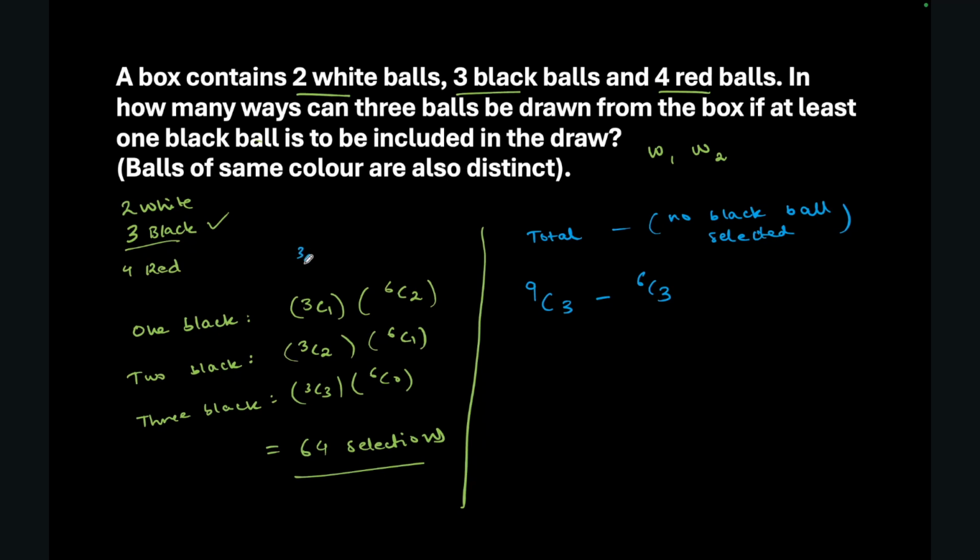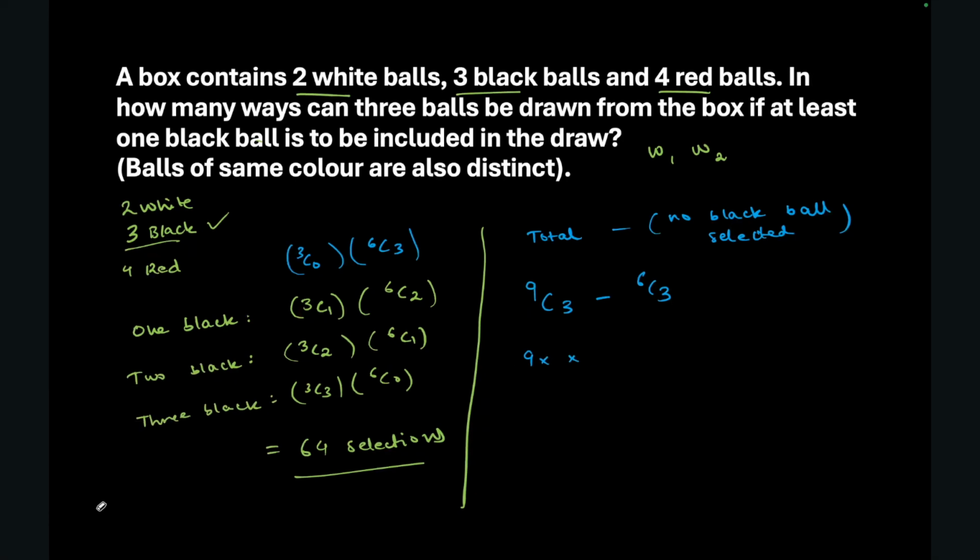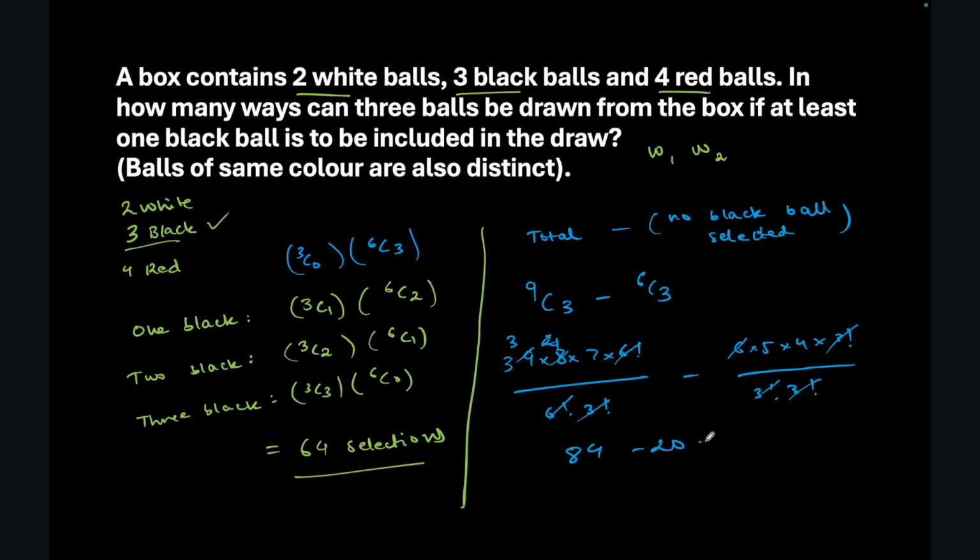Basically it's like 3C0 and 6C3, right? So if you simplify this, we have 9 times 8 times 7 over 3 factorial, which is 84, minus 6 times 5 times 4 over 3 factorial, which is 20. So a total of 64 ways.